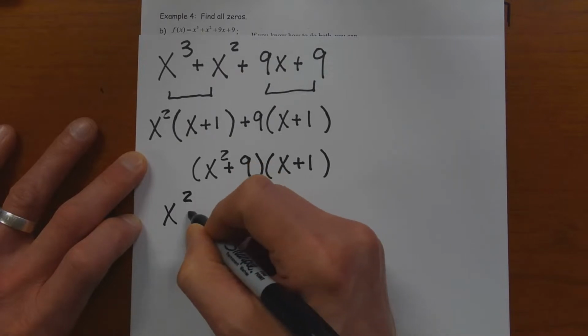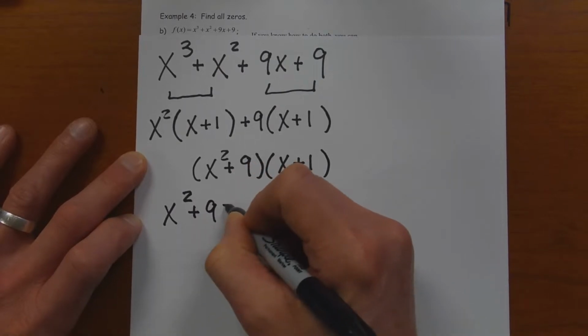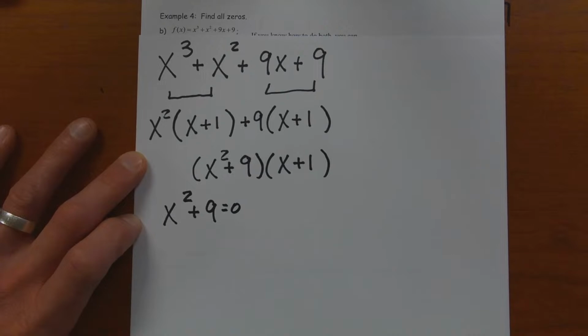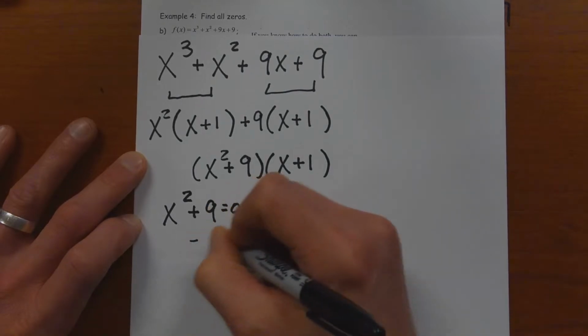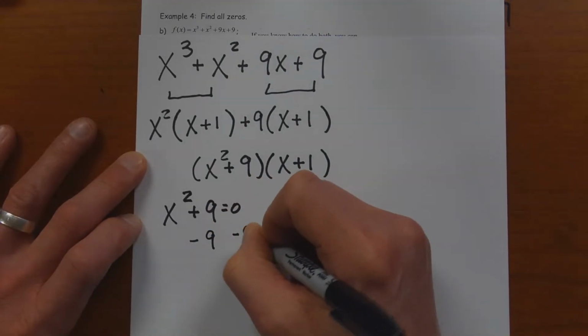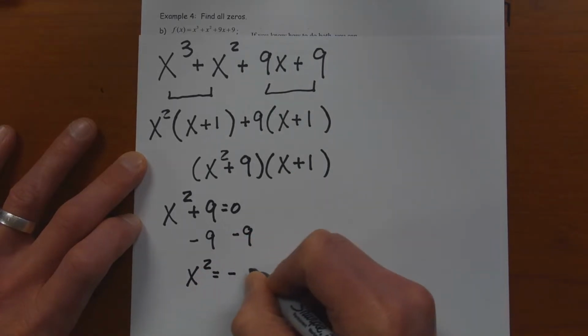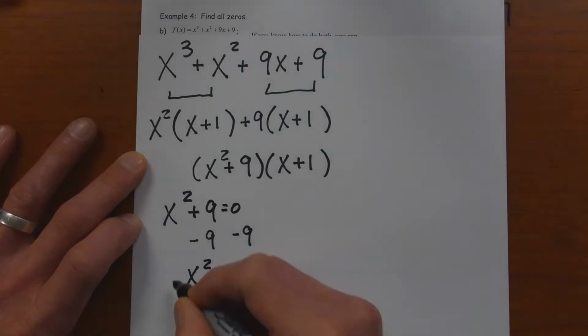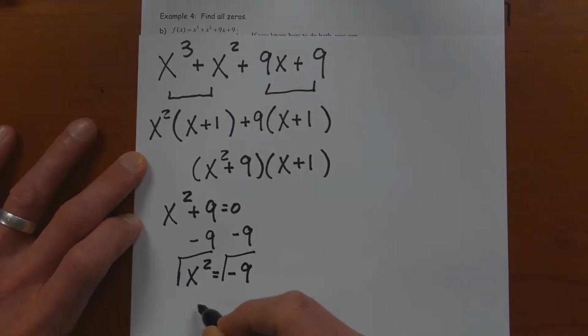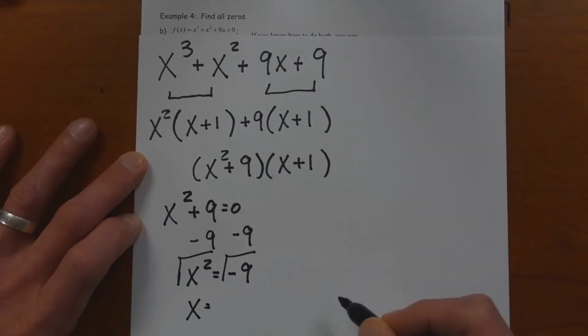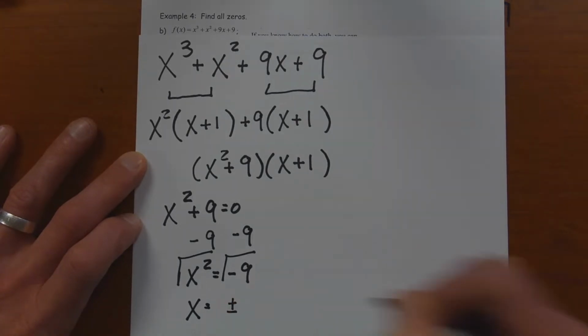So x squared plus 9 equals 0. Can't factor, but we can solve using the square root method. Square root, x equals, don't forget, plus or minus.